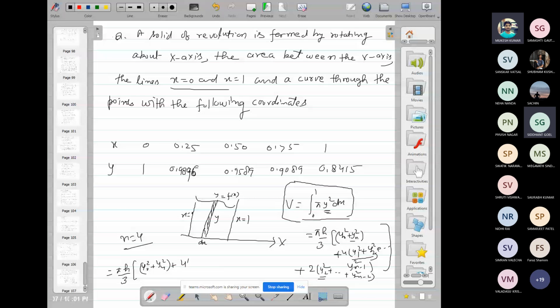So this is the required formula. In this formula you need to put the values to obtain the result. So sometimes you modify the formula, or first find the formula according to the question, and then find the value of the integral.